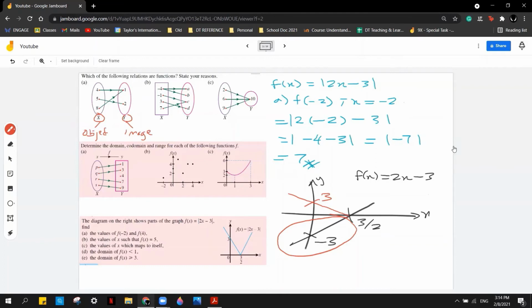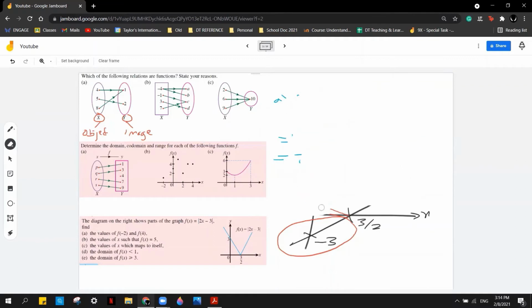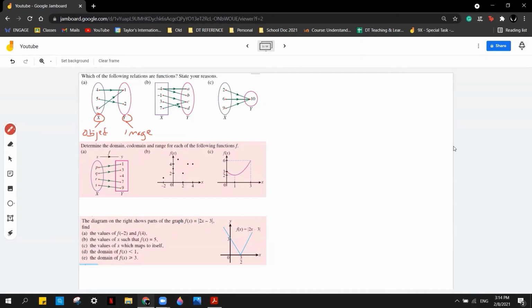So that's the interesting part of the modulus. Anyway, let's have a look at how the modulus affects any calculation. Now, if you notice, the function f(x) equals 5, meaning modulus 2x minus 3 equals 5.